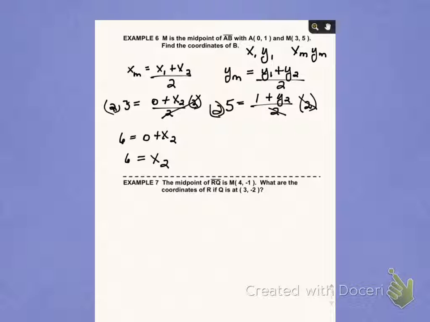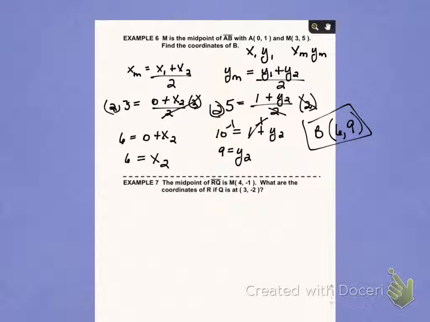So those 2's cancel to be 1. 10 is equal to 1 plus y2. So I'm going to subtract 1 from both sides. So that adds to be 0 on the right. 10 minus 1 is 9 for y2. We've solved now for x2 and y2. So the coordinates for point B are 6, 9. And so that would be the coordinates for point B.